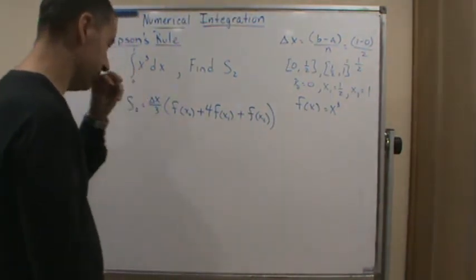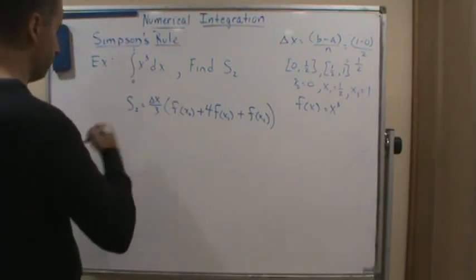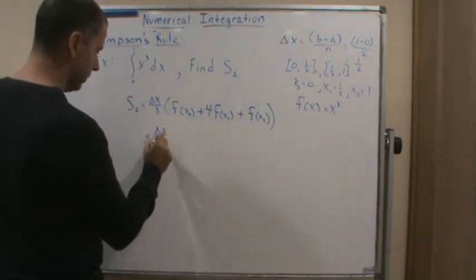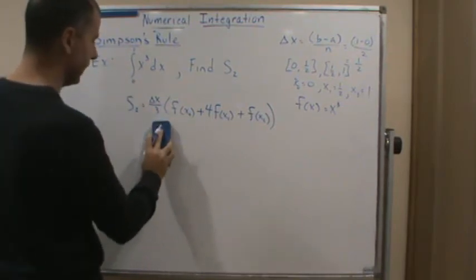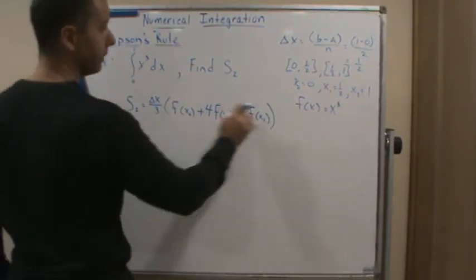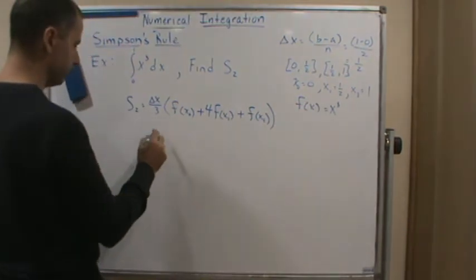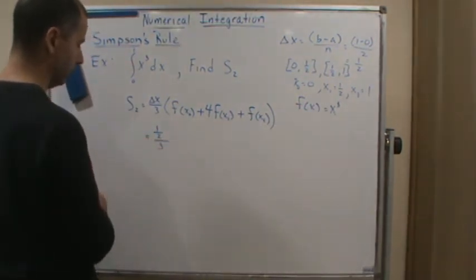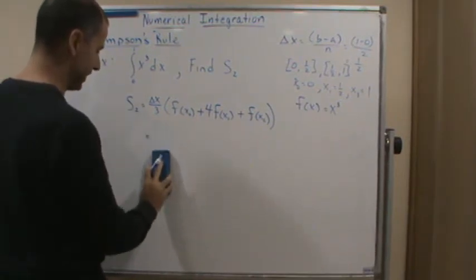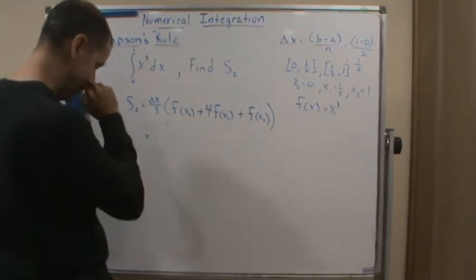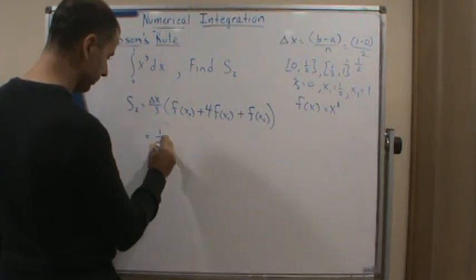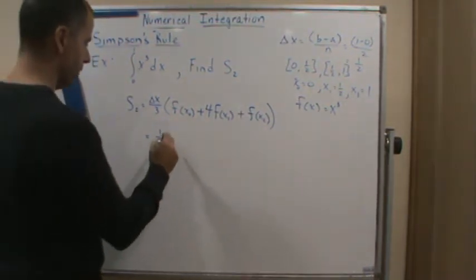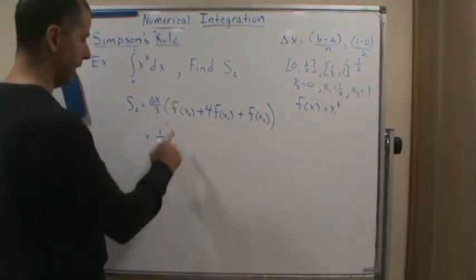So now, let's plug it in and see what we get. So we get delta x. What's delta x in this case? Delta x is a half, right? Over 3. Which gives us 1/6, right? So 1/6 times, and what is this?